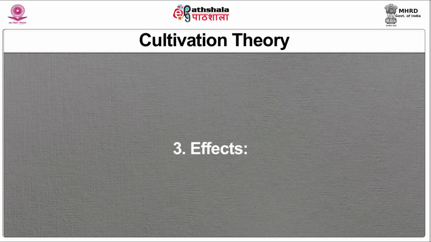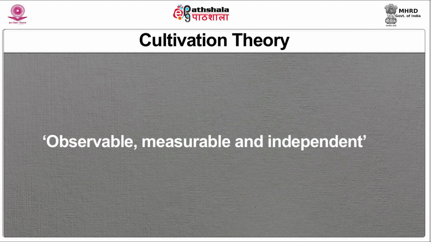Third, effects. The observable, measurable and independent effects of television on its audiences at a given point of time may be small, but the influence of television cannot be underestimated.